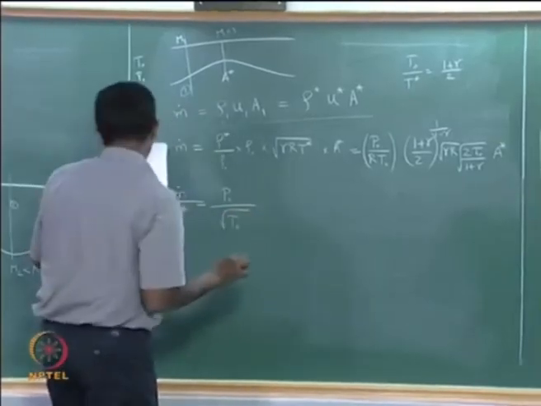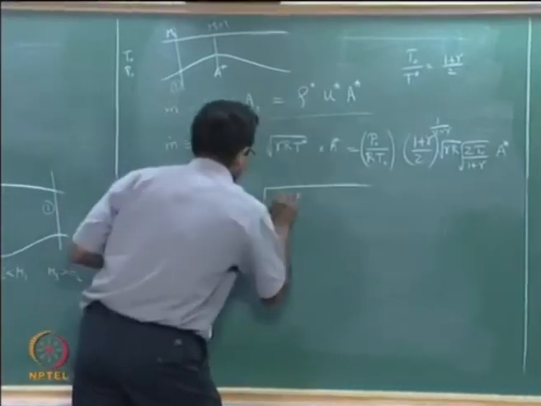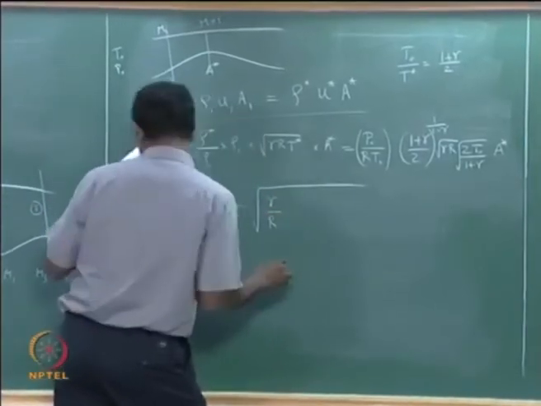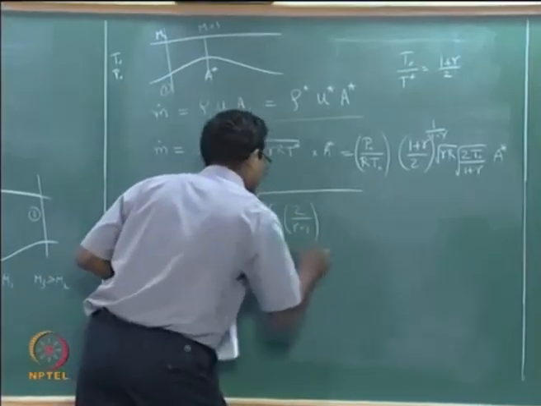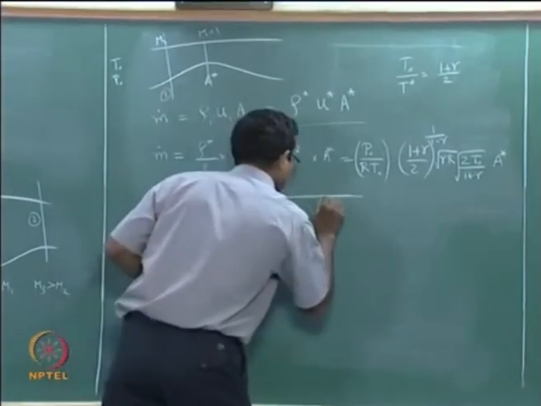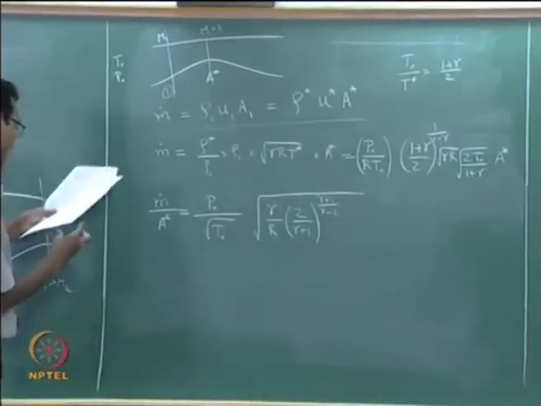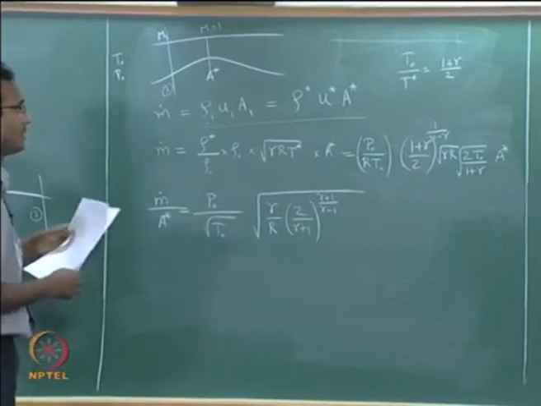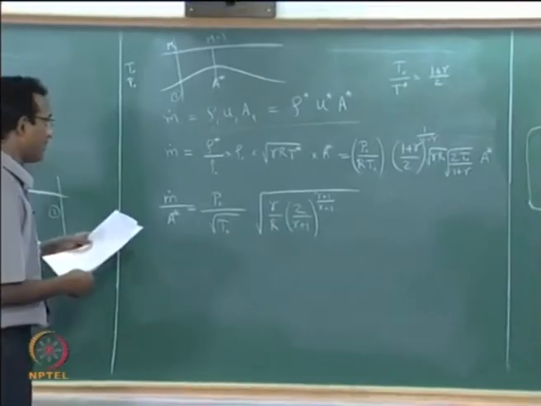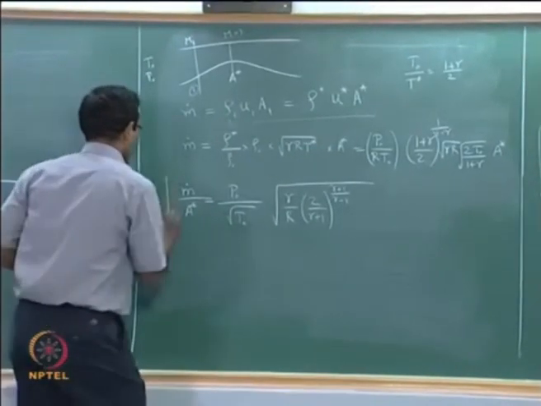I am writing it in a particular form, multiplied by square root of gamma by R, 2 by gamma plus 1 to the power gamma plus 1 by gamma minus 1. Okay. You can end up with this form, it is not very difficult. You will end up with this form after some time, you just go through the math. I will just say you know how to do that math.